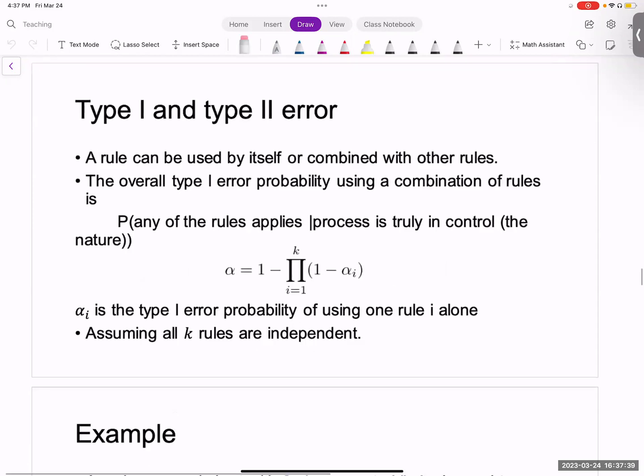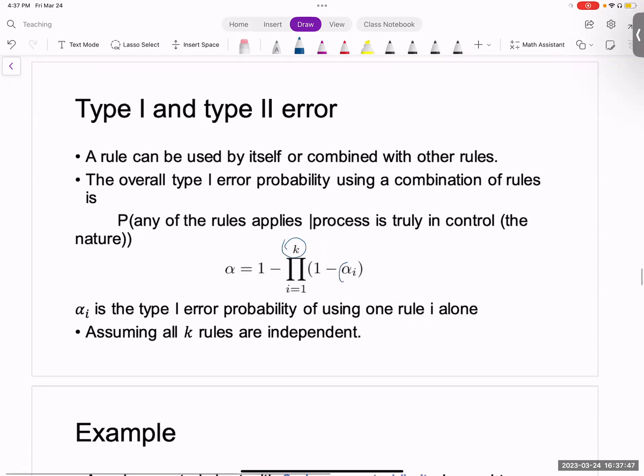So for that, if you have, let's say, k rules given to you, and let's say alpha i is the type 1 error for every single rule, then you can compute the type 1 error of using a combination of these rules by using this formula. And the assumption that we make here is that each of these rules is independent of each other.